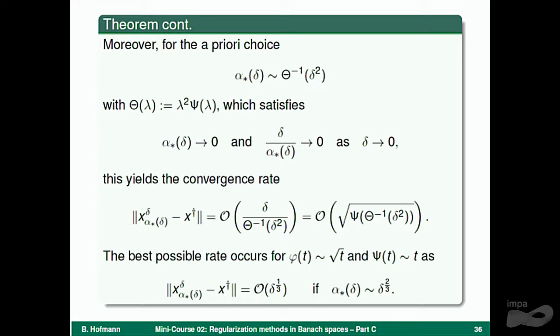And this is certainly not the optimal rate. With the variational source condition in Tikhonov, we also did not get the best rate. We did not get the rate 2 over 3 in Hilbert space. We only got the rate 1 over 2. And here we get only 1 over 3 and not 1 over 2, which is here the best rate. So variational source condition is a tool, limited, but often helpful.